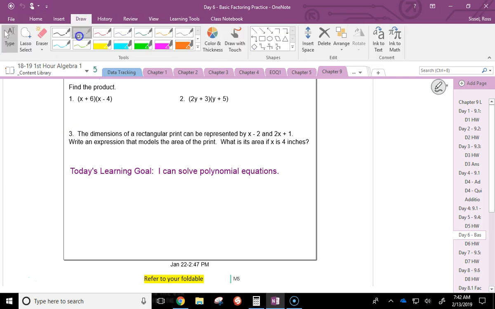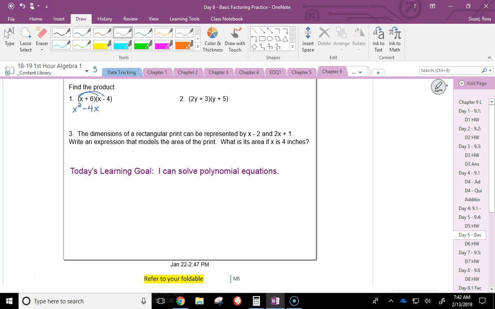So first, find the product. You could use any method you want on doing these. If you're using the box method, that's fine. If you're foiling or if you're just grouping. Me personally, I leave them like this, and I do x times x is x squared. X times -4 is -4x.